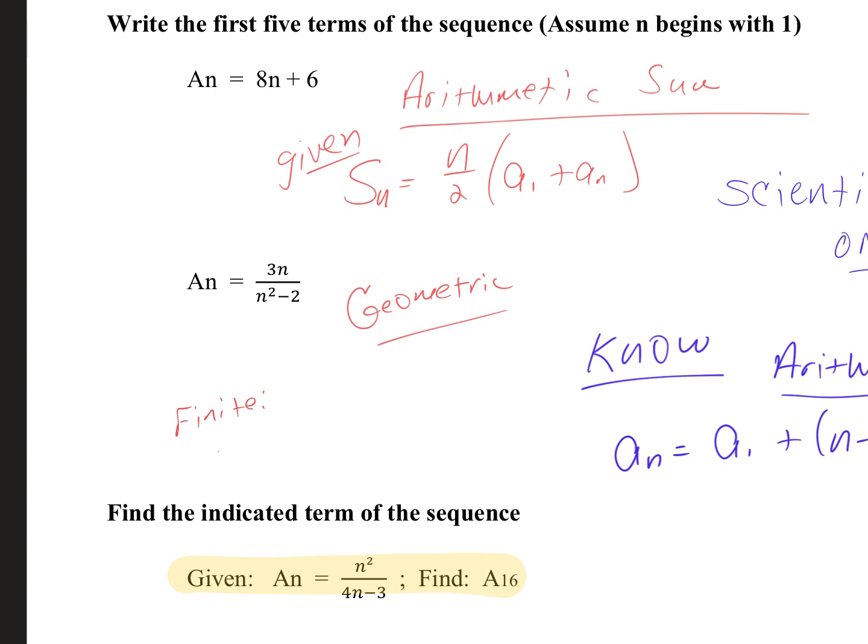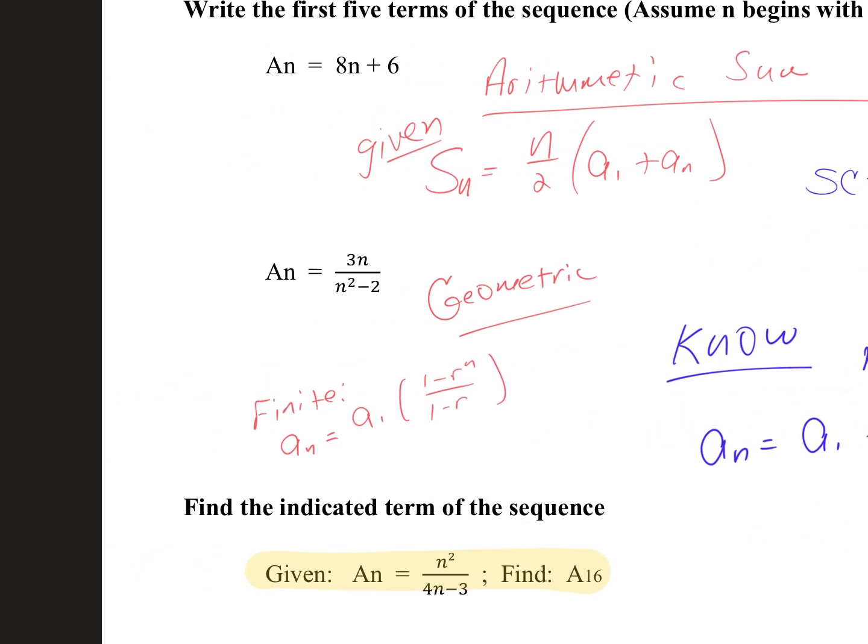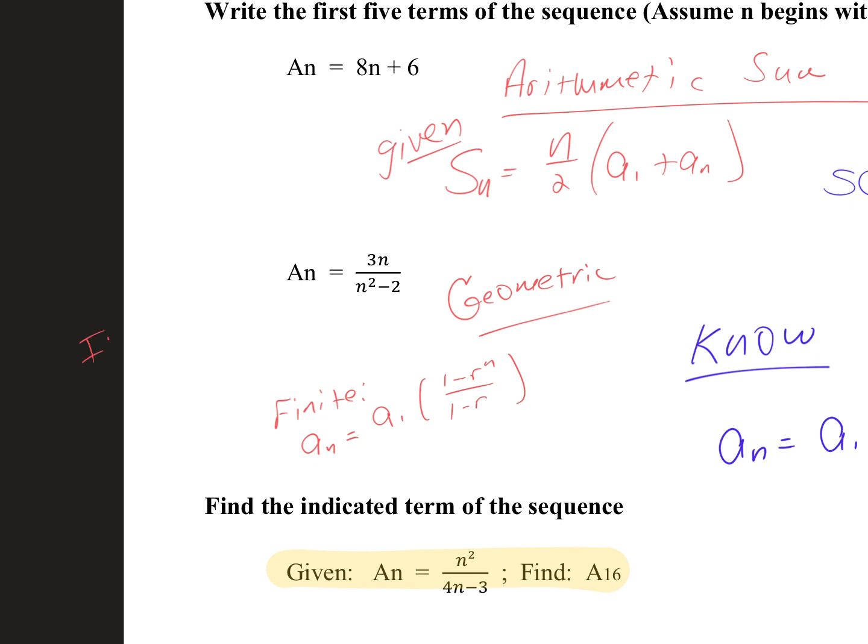Okay, so a sub n equals, say it again, first term times, okay, and then the infinite one, I'm sorry. What's the infinite one? 1 minus r. Okay, good.